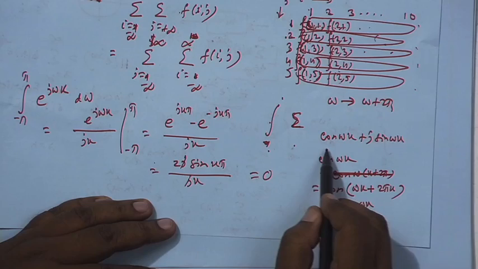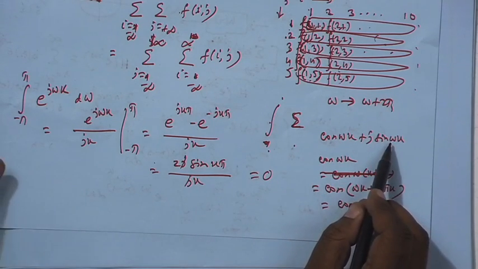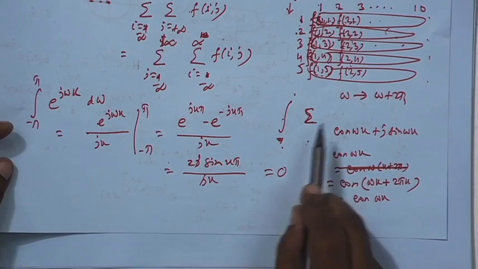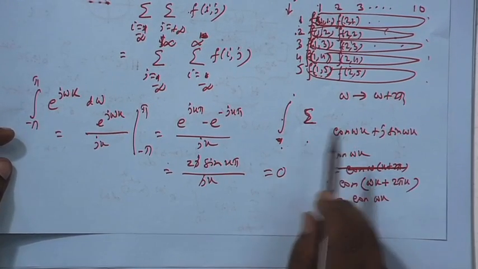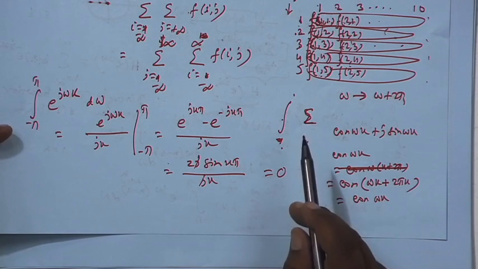So, this is periodic over omega over a period of 2 pi, same as this. That is, over a period of 2 pi, it will have one full cycle, and if you integrate it over one full period, it will be 0, because positive half cycle, negative half cycle.